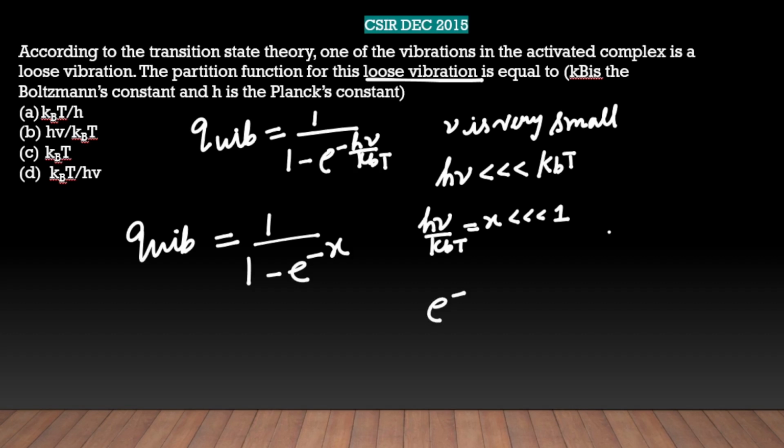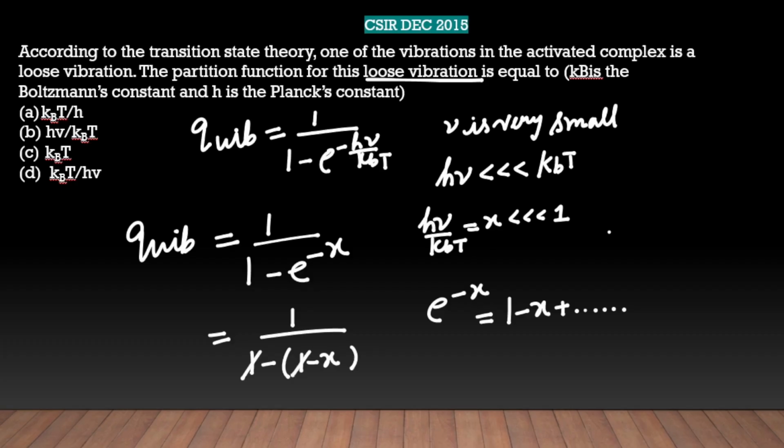The expansion of e raised to the power of minus x we can write as 1 minus x plus higher terms, which we generally ignore. So Q vibrational is 1 upon 1 minus (1 minus x plus higher terms that we are ignoring), being small, they can be ignored.